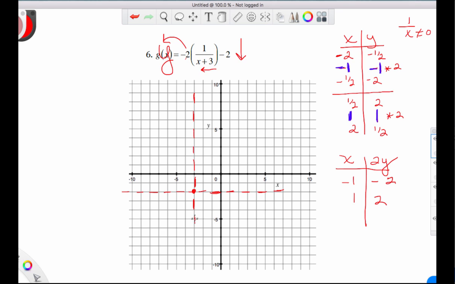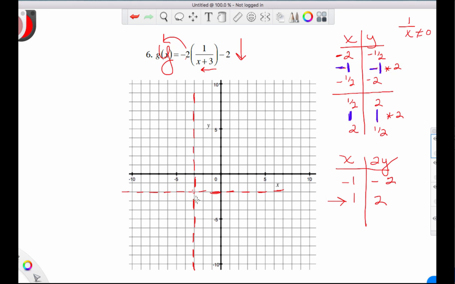If there is any graph that I highly recommend you drawing in a really, really light XY axis, a pretend one, it would be this guy right here, because it's hard to keep the reciprocal function in its right boundaries in the correct location if you don't draw those boundaries in.